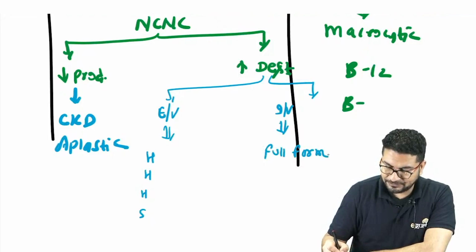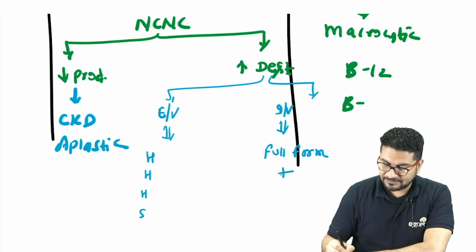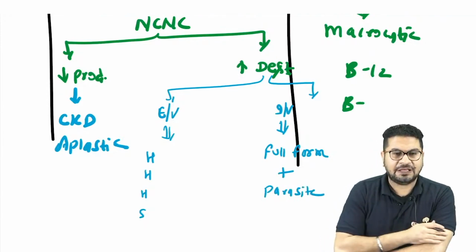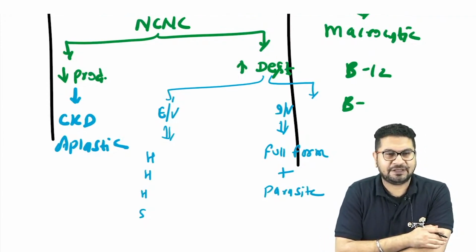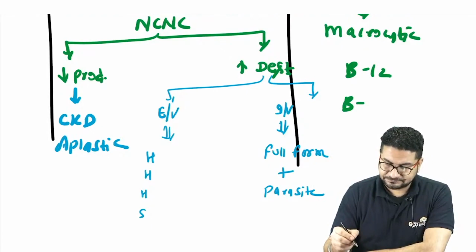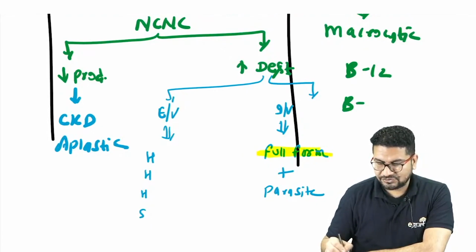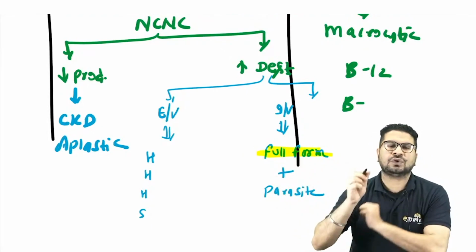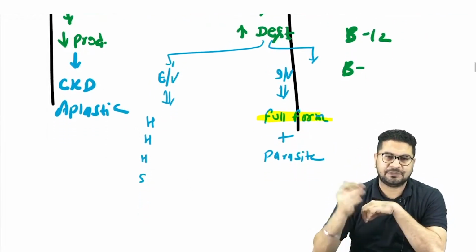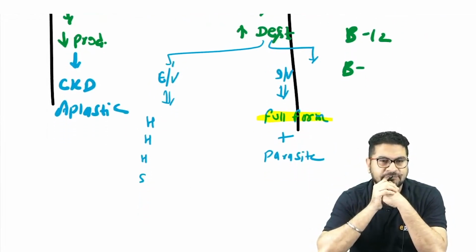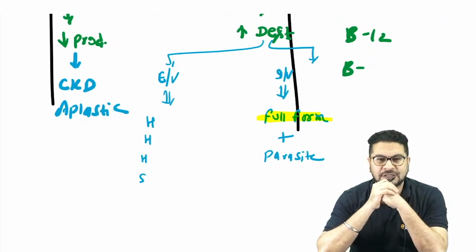How do I remember? Those who are having a bigger name, full form means AIHA, autoimmune hemolytic anemia. Full form, G6PD deficiency anemia, glucose 6 phosphate dehydrogenase deficiency anemia. Again full form, paroxysmal nocturnal hemoglobinuria.